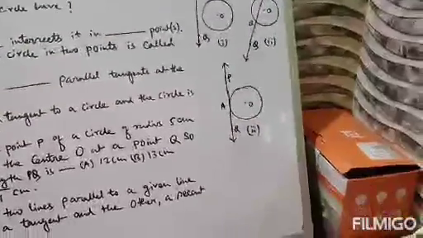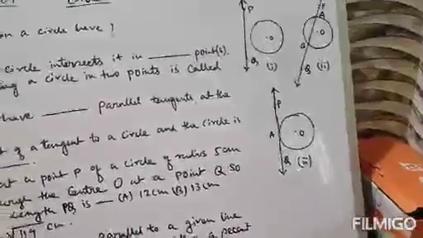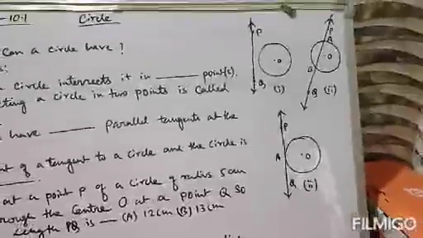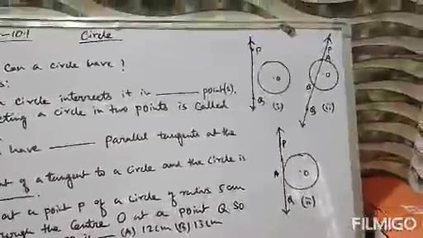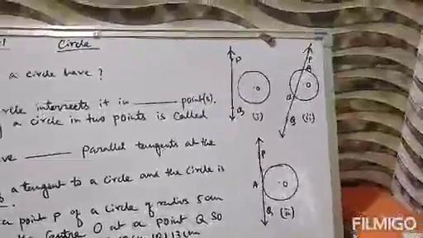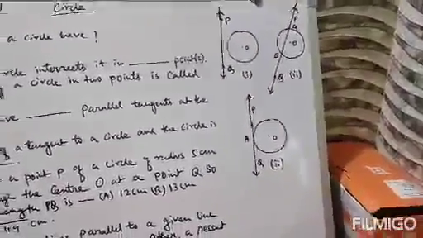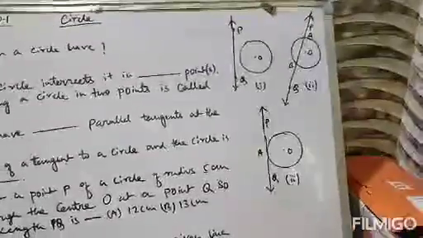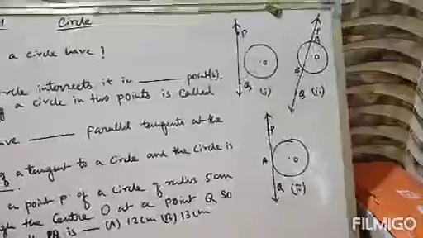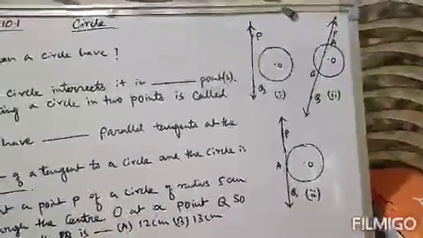Clear? So in figure number 1, the line PQ and the circle have no common point, because the line PQ and the circle do not touch each other. That means there is no common point between the line PQ and the circle, and in this case PQ is called the non-intersecting line, as it is not intersecting with the circle.